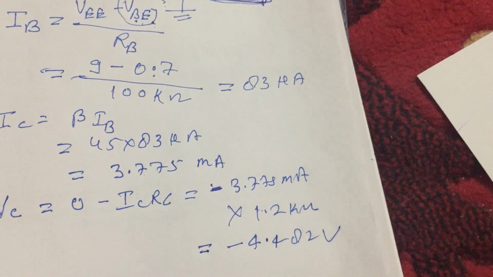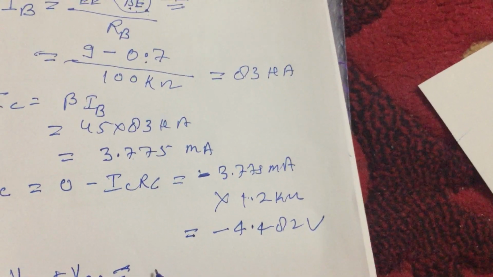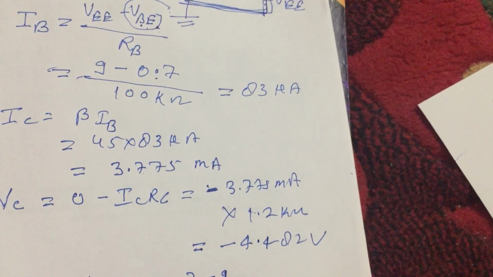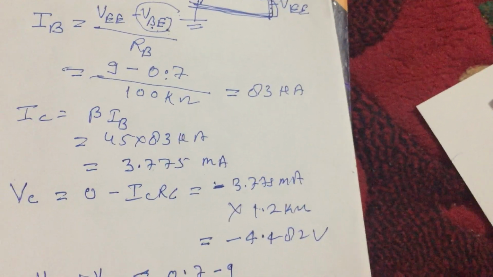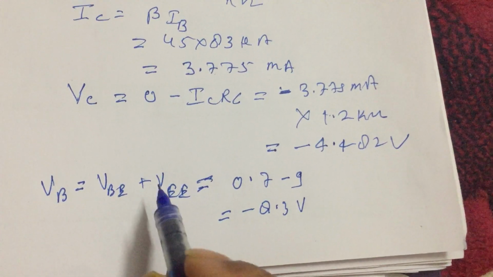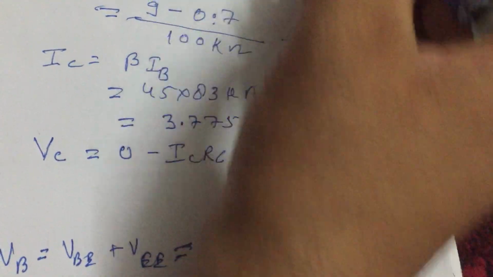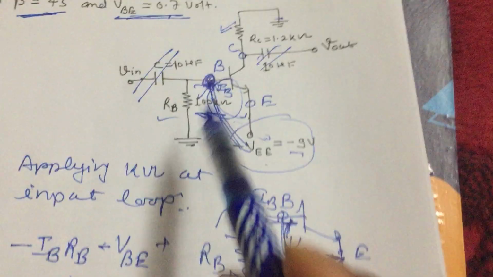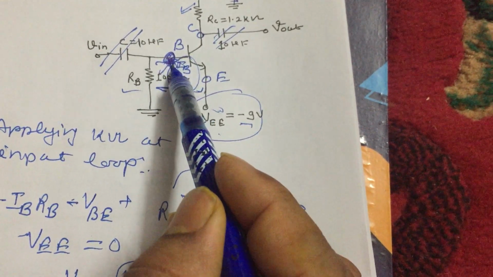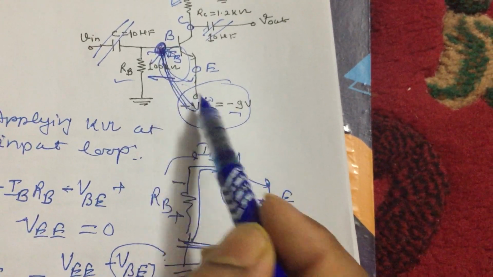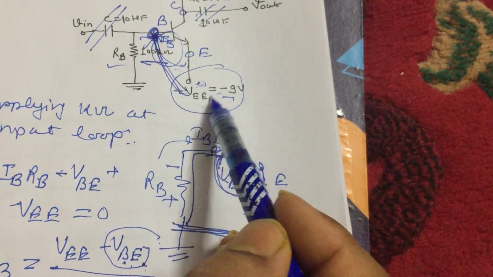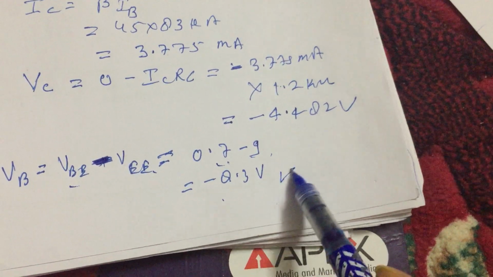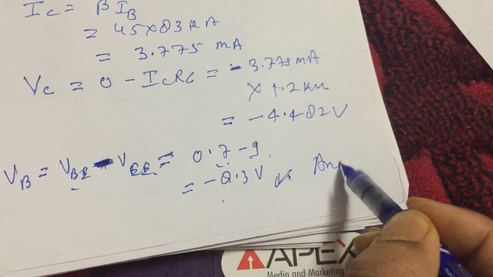Now it comes to 0.7 minus 9, which is minus 8.3 volts. Sorry, here is minus and here, because it is the base, the voltage is minus, so we have to take plus VBE minus VEE. So plus VBE minus VEE, 0.7 minus 9, becomes minus 8.3. So that is the answer. Thank you.